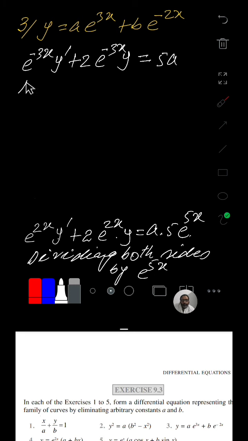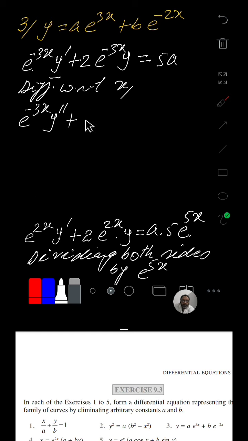Now differentiating again, here we need to use the product rule because there are two functions. First function e raised to the power minus 3x as it is, derivative of the second function, that will be y double dash, and then plus derivative of the first function, that is e raised to the power minus 3x into minus 3, y dash as it is, second function as it is. And in the next term again we have to use the product rule.